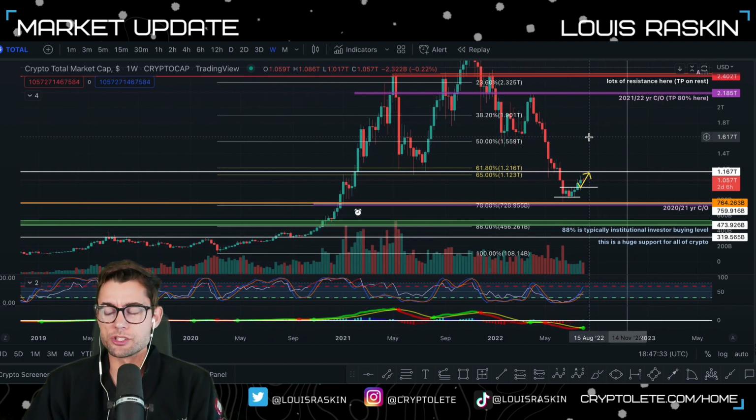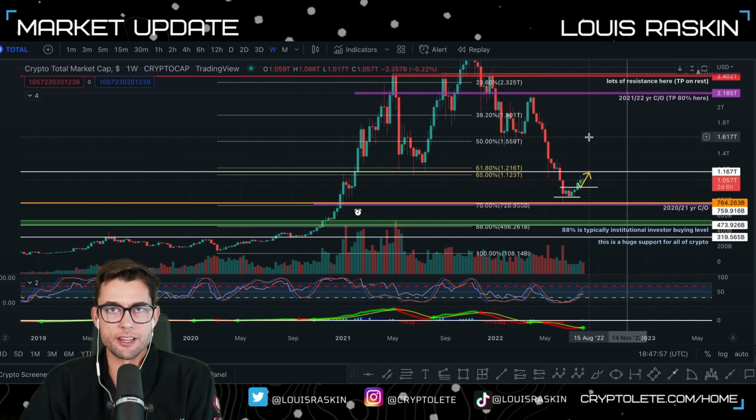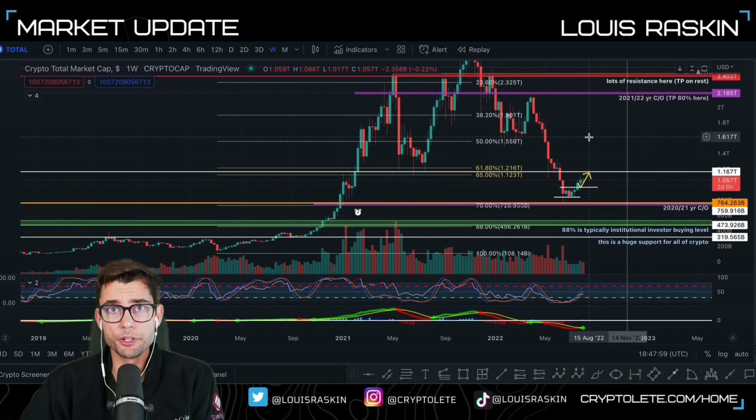Also, I started studying something called order blocks and something along the lines of the ICT method. He's a trader who uses order blocks and price action to basically determine where his entries and exits are, and it seems to work really well.